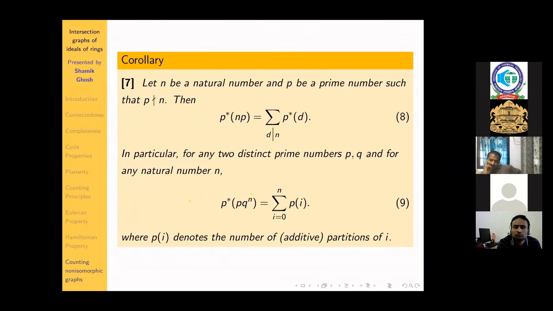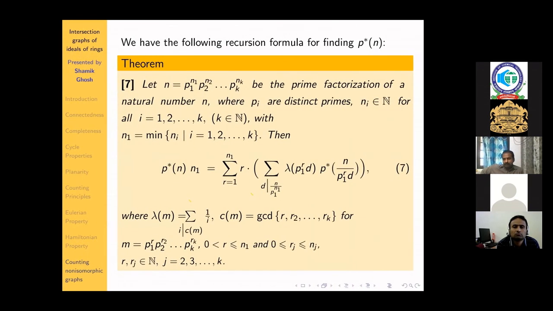There are 2 simplified forms of this also: p star n is the sum of p star of d, where d divides n. And in particular for p q to the power n, it is the sum of pi, where pi is the additive partition number. So these are some simplified forms. By these forms, and in general by this recurrence formula, you can derive the number of unordered factorizations.